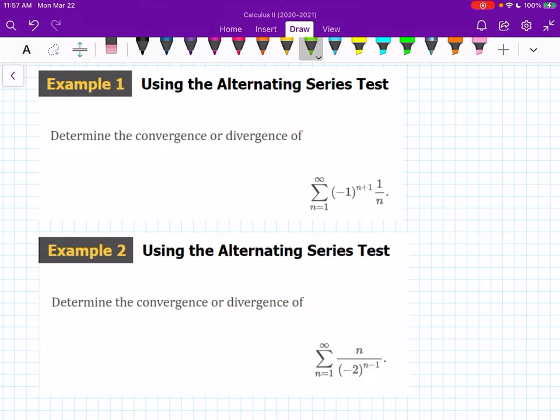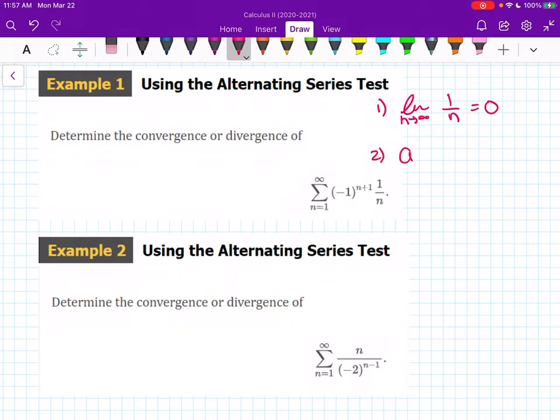So the first example is determine the convergence or divergence of the series from 1 to infinity of (-1)^(n+1) times 1 over n. So my first thing I'm going to do is look at the limit as n goes to infinity of the non-alternating part. So that is just 1 over n. And that in fact does go to 0. So my first condition is met.